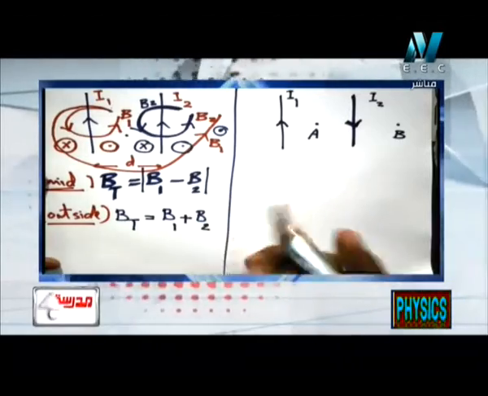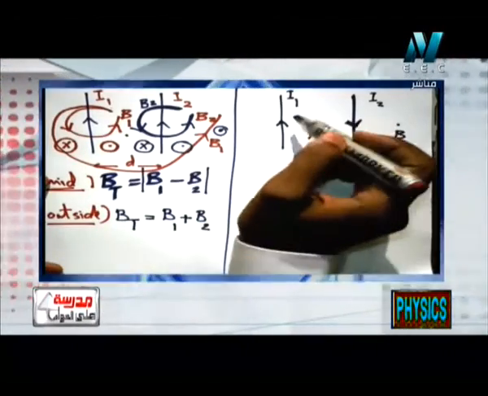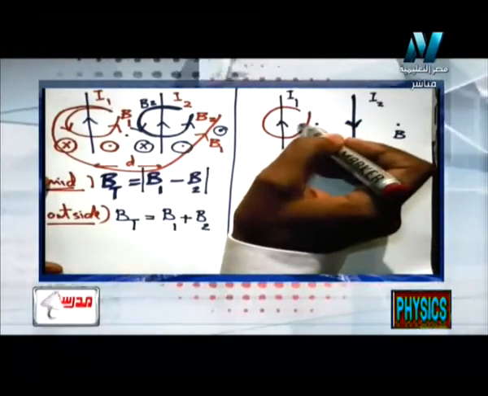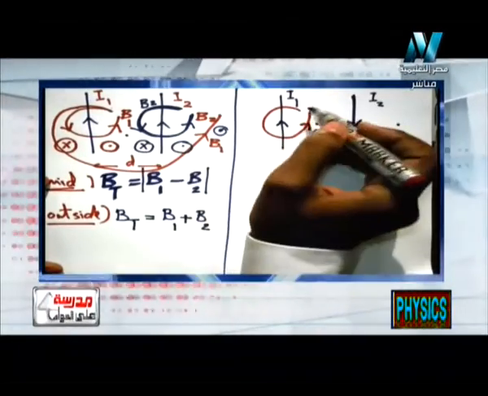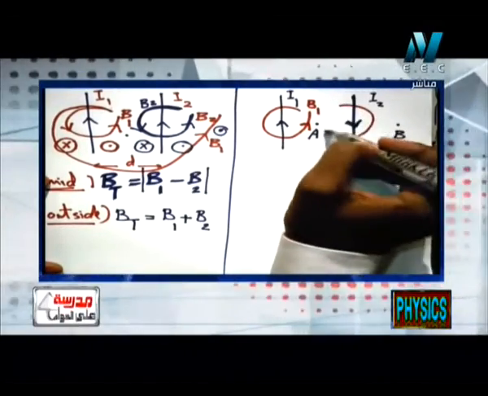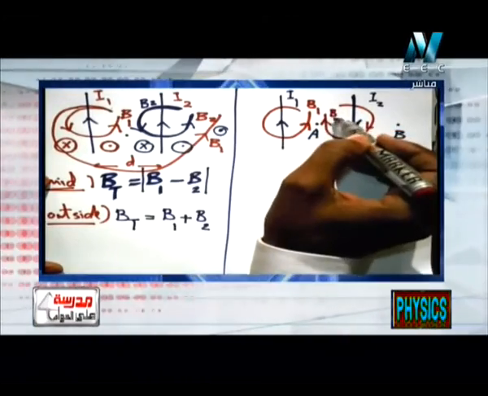Depending on Ampere's right-hand rule, at first we have to draw the direction of magnetic flux here, like this. This is beta 1. Around this wire, in the opposite direction, like this, this is beta 2.